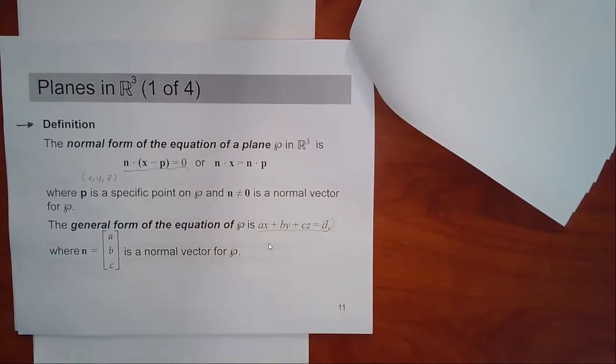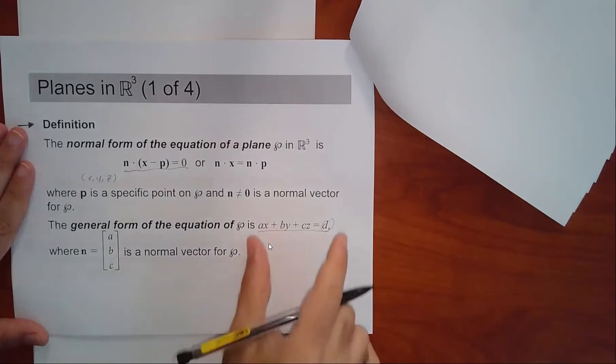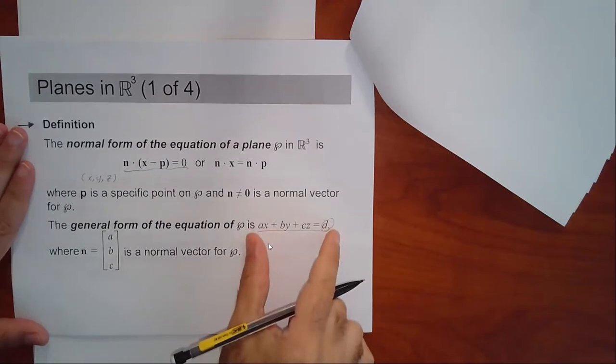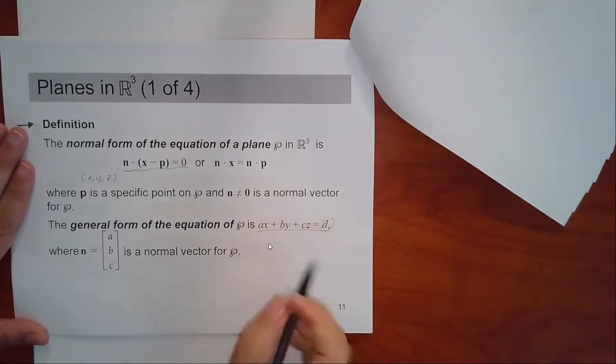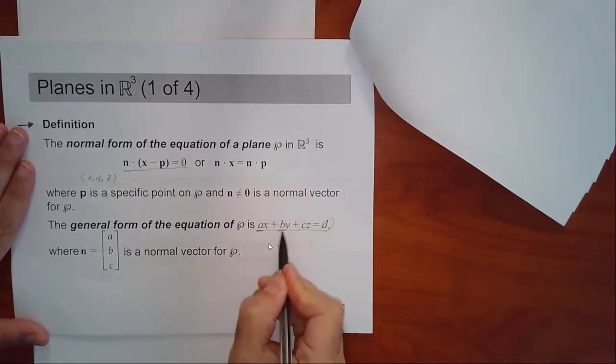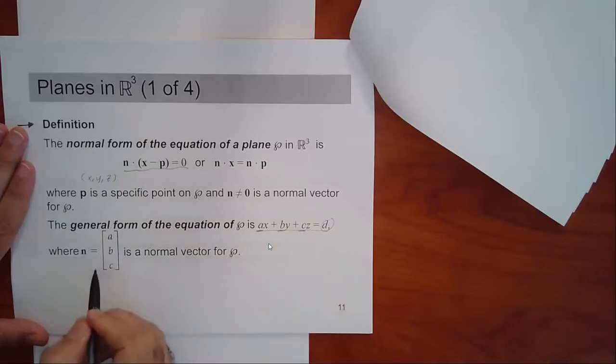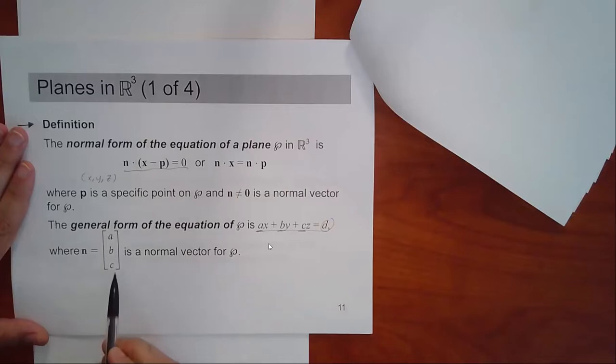So here's the important thing. They're going to give you the equation of the plane. They're not going to give you the normal vector. If you look at the general form, here is the A, here is the B, and here is the C. So from the general form, you can find the normal vector (A, B, C). Okay, so this is important. If they give you the normal vector, you're just going to plug in A, B, C here.